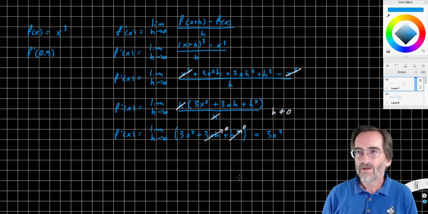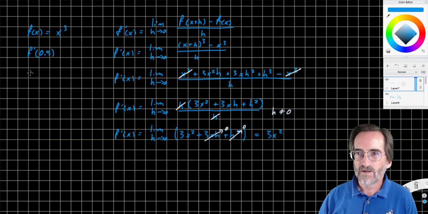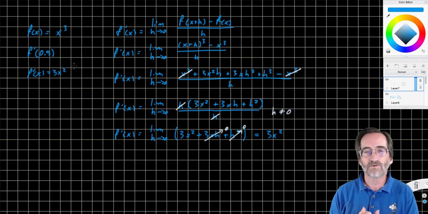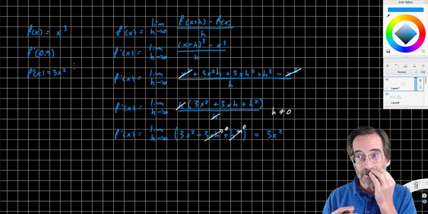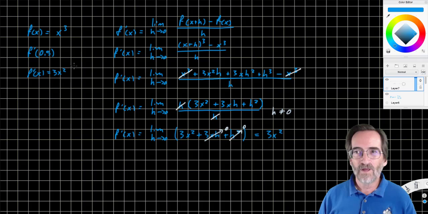And so what we're saying here is f prime of x is 3x squared, which is a general definition that I can now use to find any derivative.